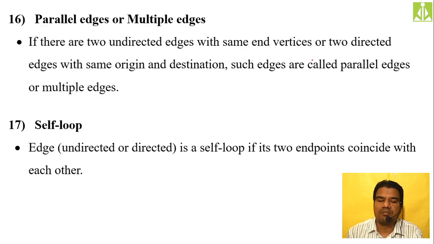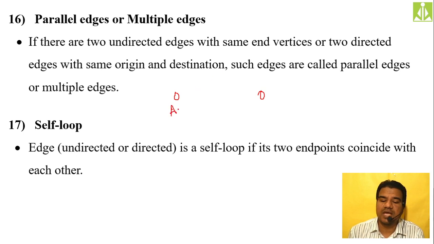Parallel edges are multiple edges. Between two vertices, if you have more than one edge, we call such edges parallel or multiple edges. So let us say you have one vertex, another vertex. If there are two undirected edges with the same end vertices, or two directed edges with the same origin and destination, such edges are called parallel edges.